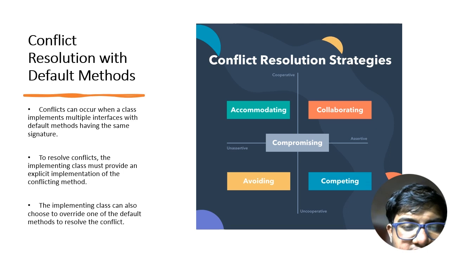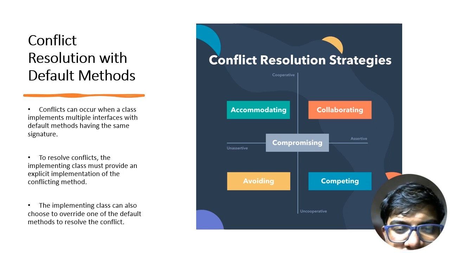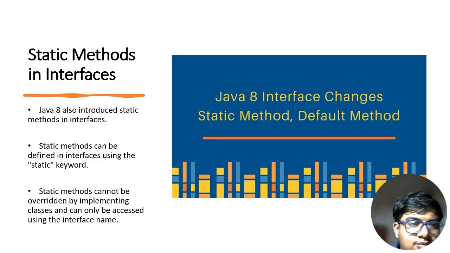As you can see here, the conflict resolution strategies, some of which are used, are accommodating, collaborating, avoiding, competing, and compromising. These terms you might feel don't relate to computers, but they relate a lot. So let's move on.